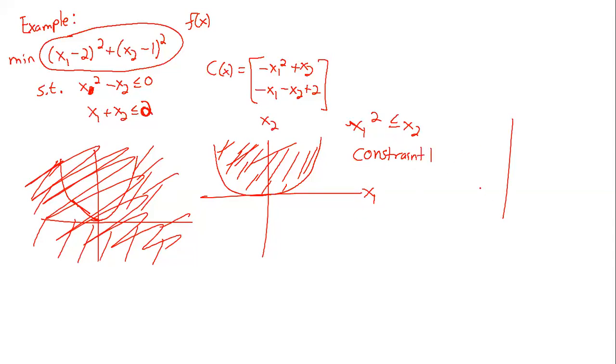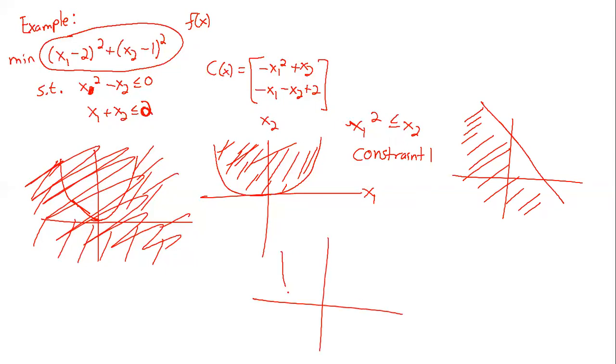Now we're going to have a second constraint, and it's this one. It says x1 plus x2 is less than or equal to 2. That's going to be a line, because that's a linear constraint. And it's going to be points underneath this, where it's less than or equal to 2. So now let's combine those two. We can put this one together with this one.